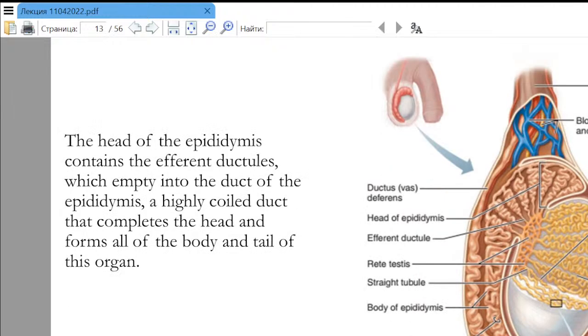The head of the epididymis contains the efferent ductules, which empty into the duct of the epididymis.